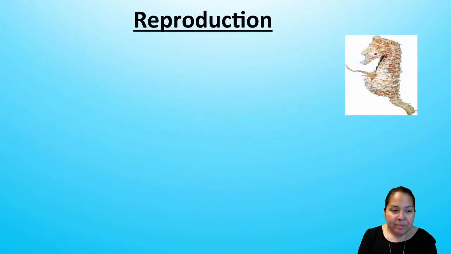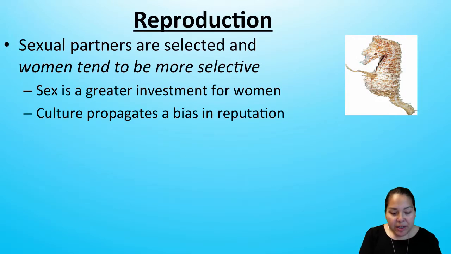purposes. And so in terms of reproduction, an interesting study had attractive men and women go up to strangers and ask either, would you go on a date with me, or will you go to bed with me? They found that there were no differences between men and women in who would agree to go out on a date.